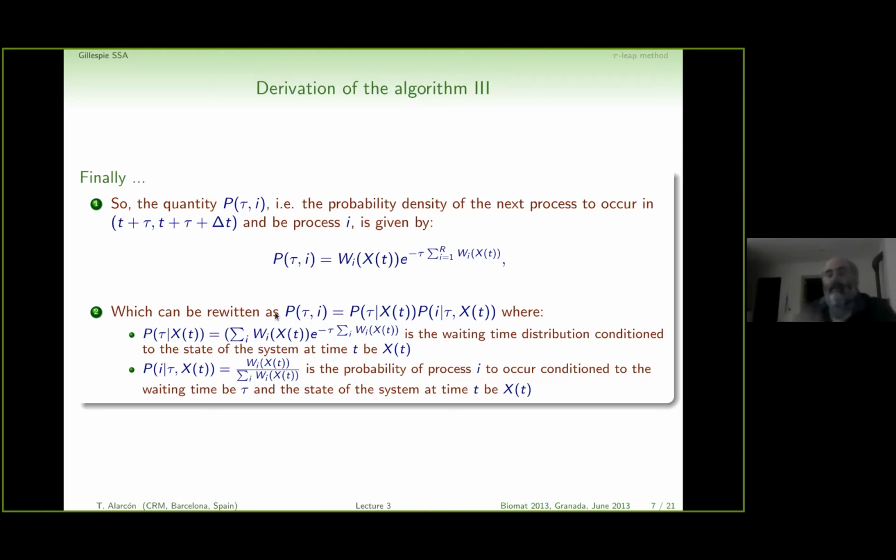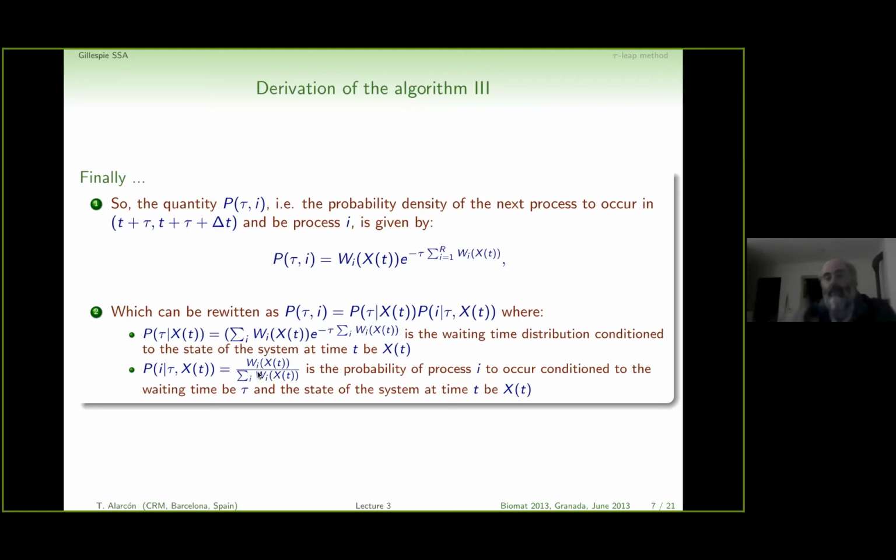And then once you have waited for that time, which you obtain by sampling the waiting time distribution, you choose in which way you are going to change the state of the system. That is also done probabilistically, and the probability that the process I changes the state of the system is given by this probability here.